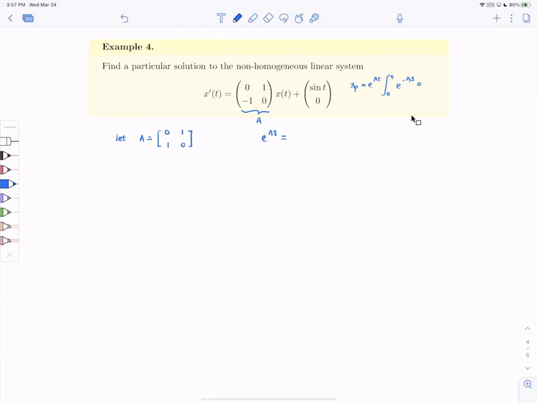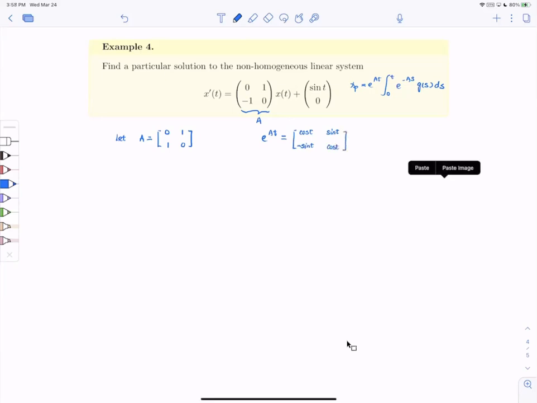So g(s) ds. So I'll just tell you what's the exponential. You should get cosine t, sine t, negative sine t, and cosine t.